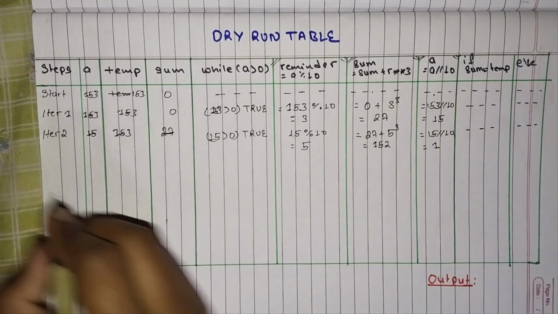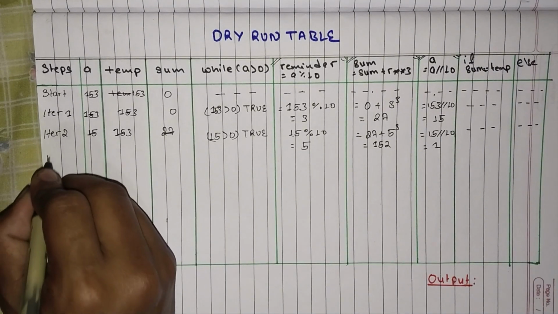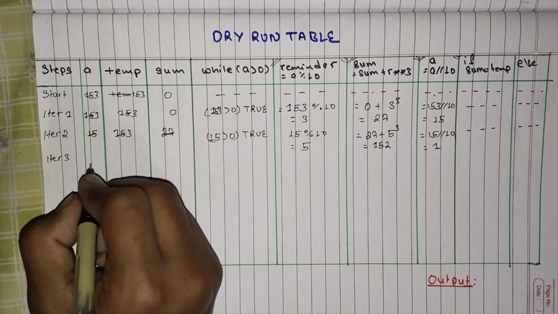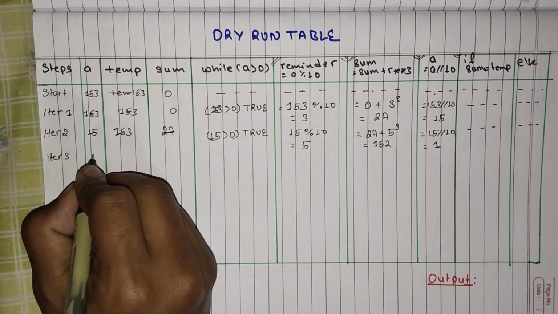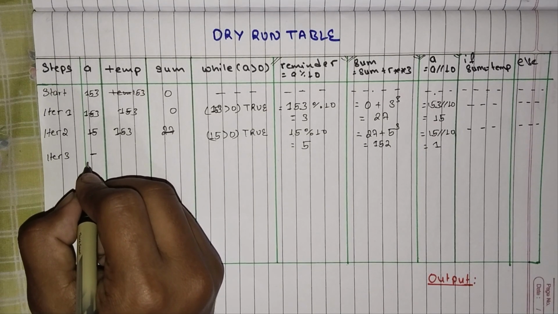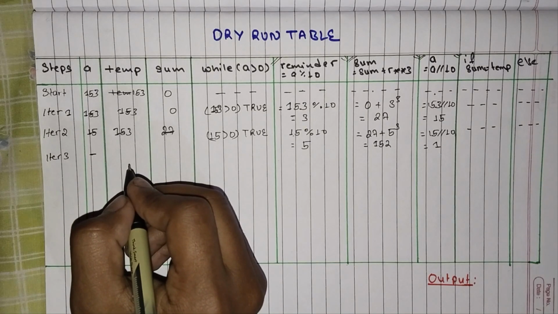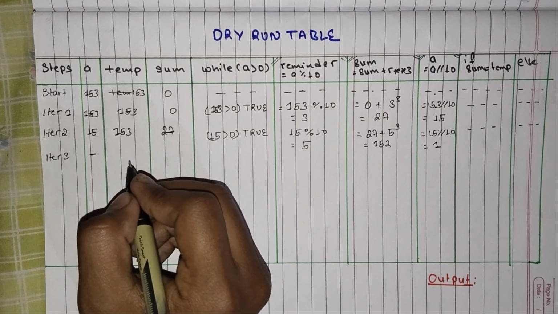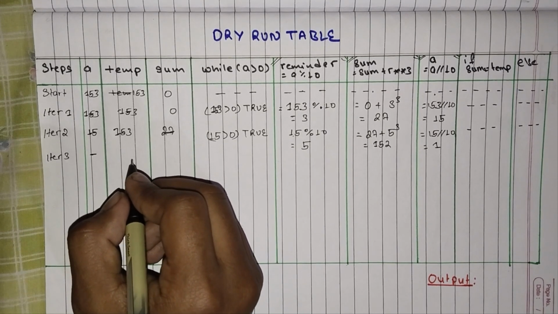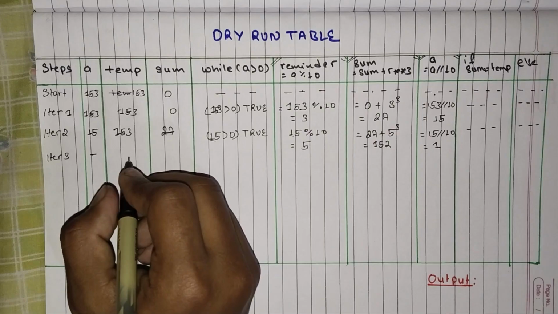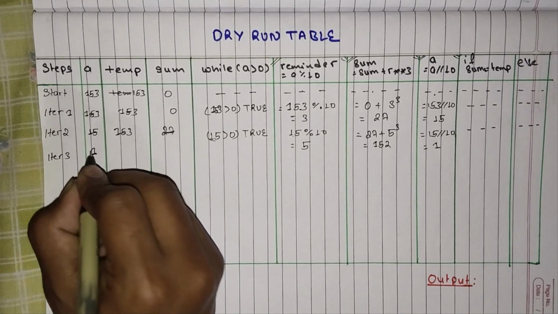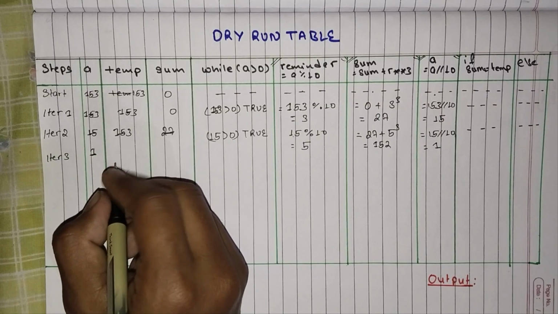I'll just write dash dash, and it will be iteration number 3, right? And again the value is 1, and if you want to write dash, it is fine. As I earlier said, it is not outside of the loop, right? Now that's why you can write dash dash. And if you want, you can write 1 also. It is perfectly fine to write 1.